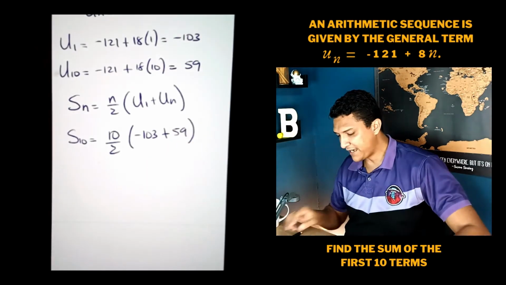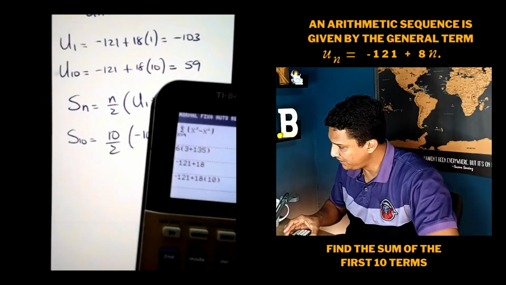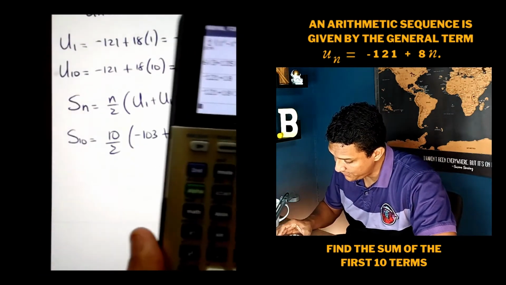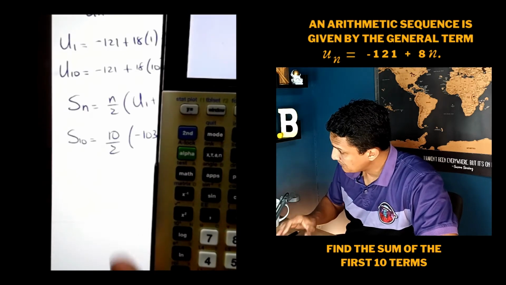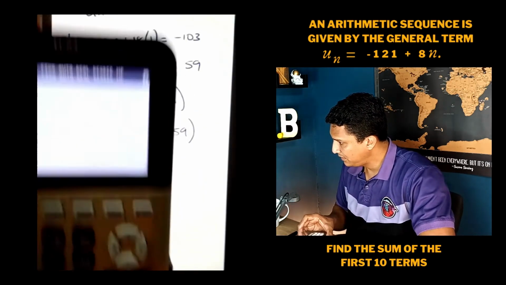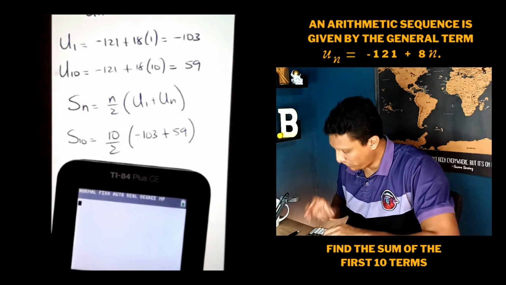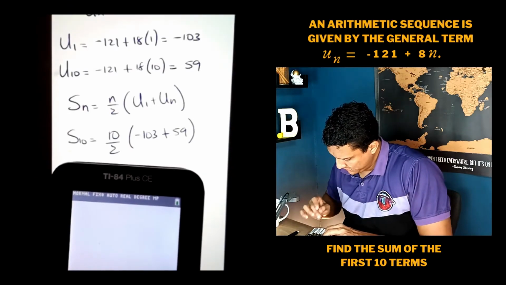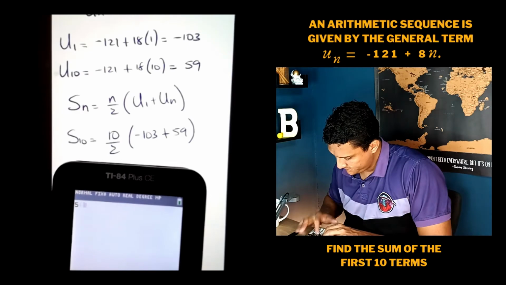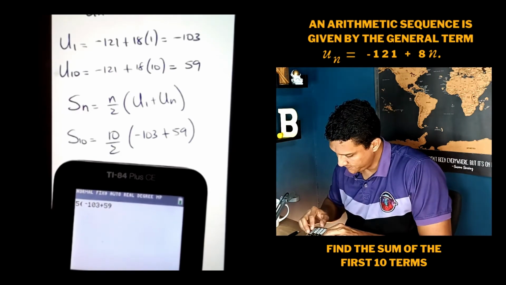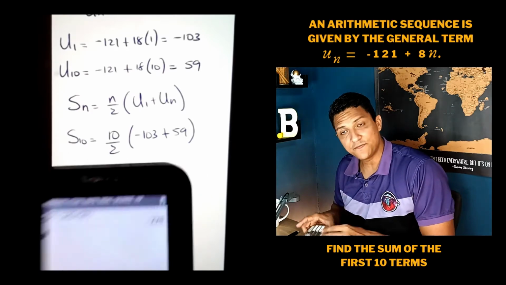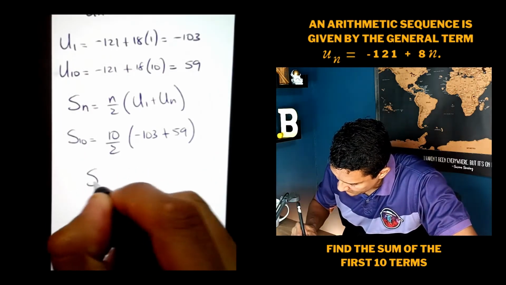So the only thing that I need to do, I'm going to put the calculator here so you can see how I input the values. So 10 over 2 is 5 times negative 103 plus 59. And that is negative 220.